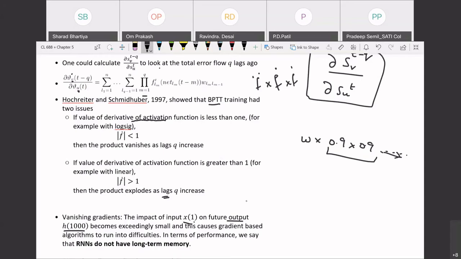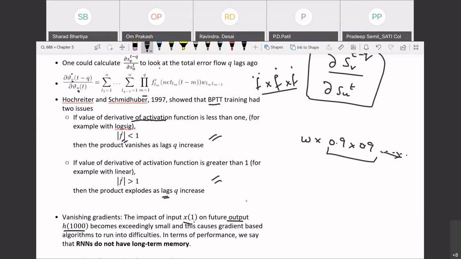Though theoretically there didn't seem to be an issue, it did not give very good results. Later in 1997, two researchers, Hochreiter and Schmidhuber, showed that because you keep on multiplying, either this derivative vanishes or it explodes. If, let's say, the value of this derivative is less than 1, then you continue multiplying. Let's say it's 0.8, so it becomes 0.64, multiplied by 0.8, it keeps on going, it vanishes, or it explodes.